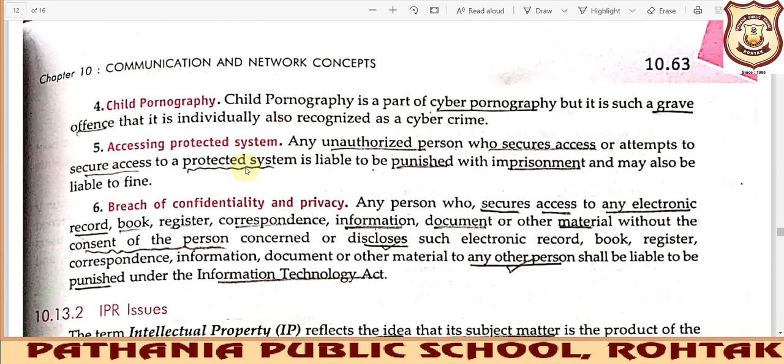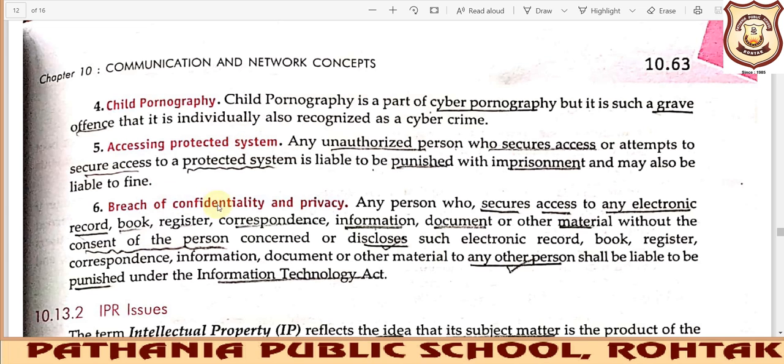Fine. Next is accessing a protected system, a system which was not meant for any type of changes, that it cannot accept, that is not meant for others, and someone is trying to access it or leak out the information of that protected system, that is also a crime.